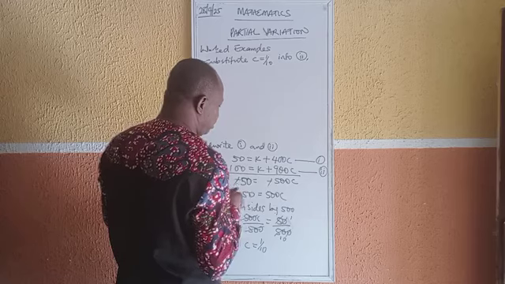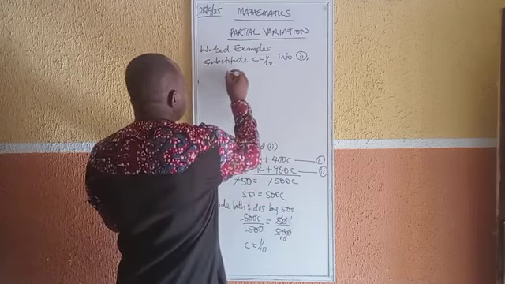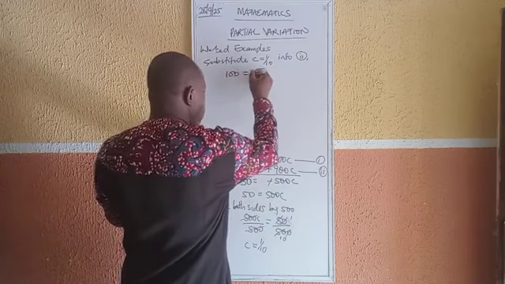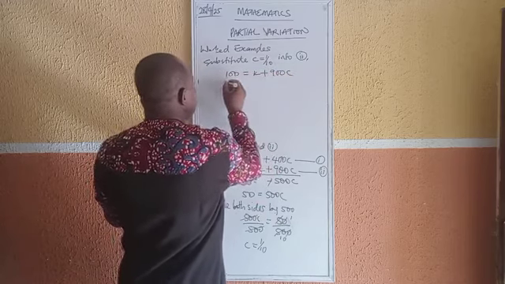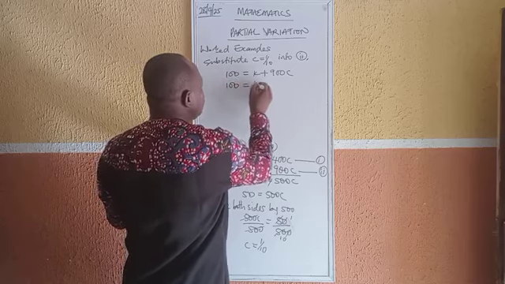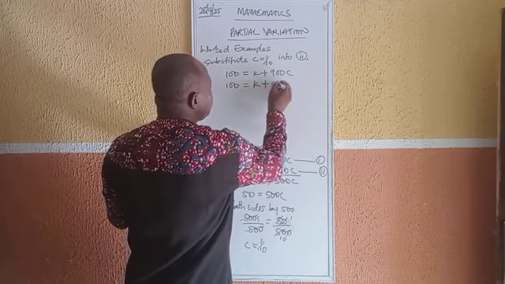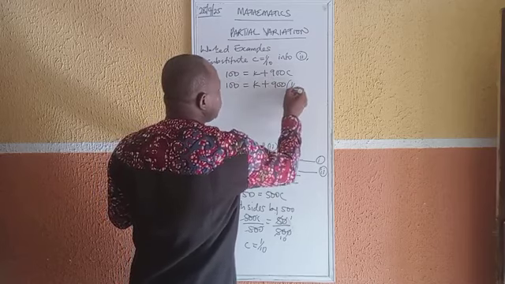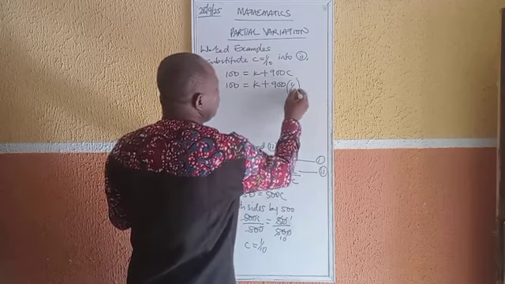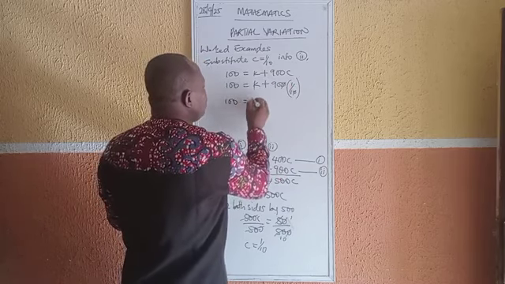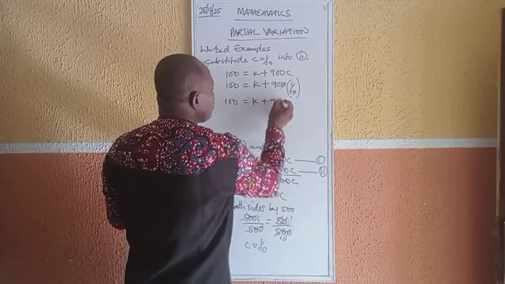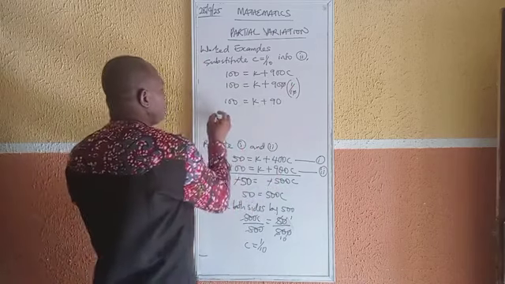Equation 2 says 100 equals K plus 900C. So that will be 100 equals K plus 900 times 1 over 10. 0, we cancel 0 here, leaving 100 equals K plus 90.